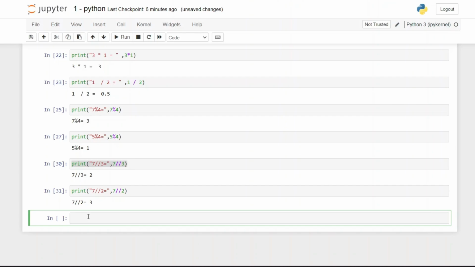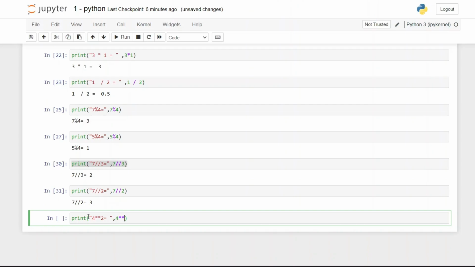And if you are finding the power of a particular value, for that you pass like 4 double asterisk 2 equal to. What is the value of this expression? It is 16, because the value of 4 power 2 is 16.